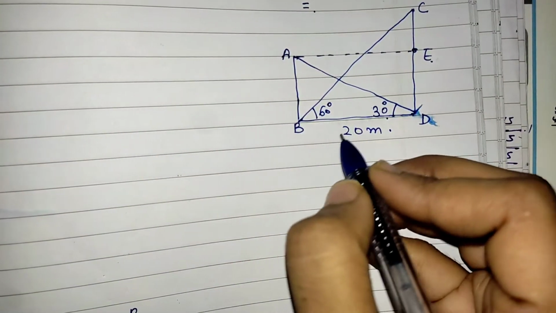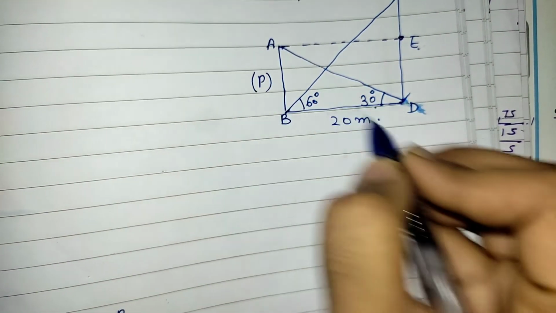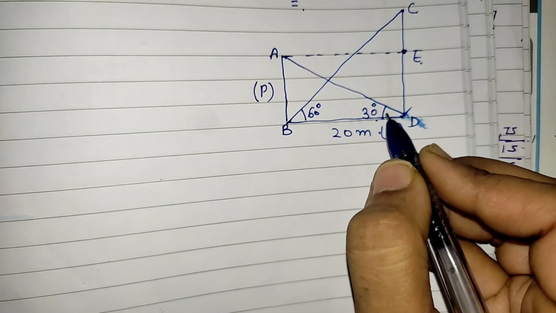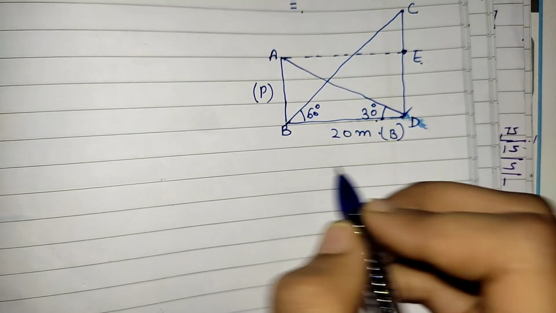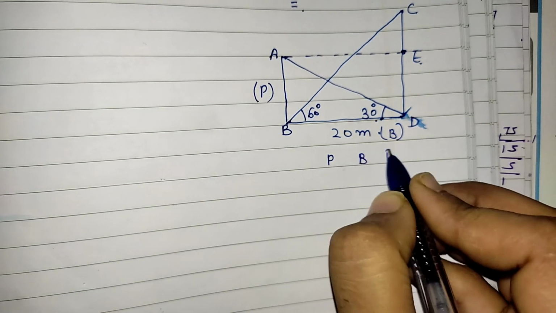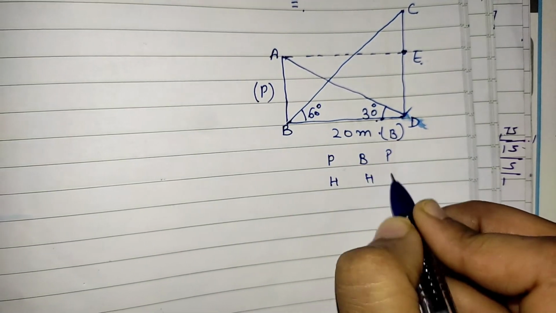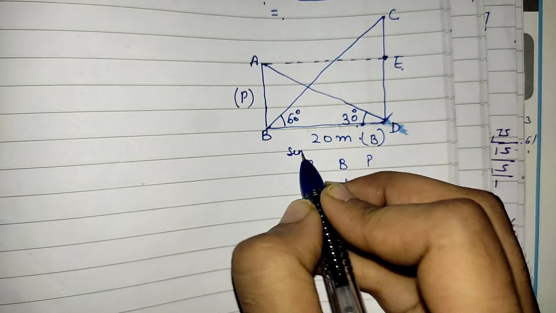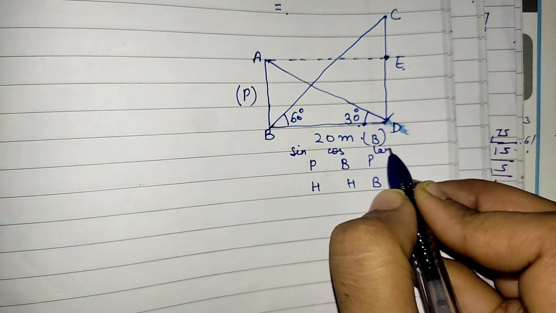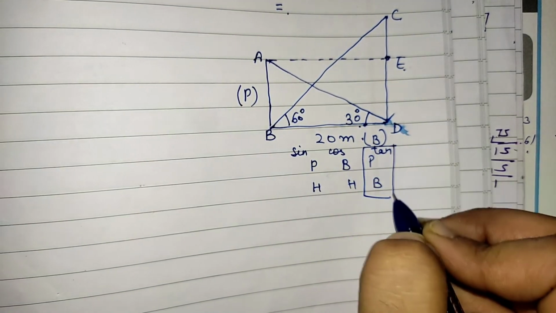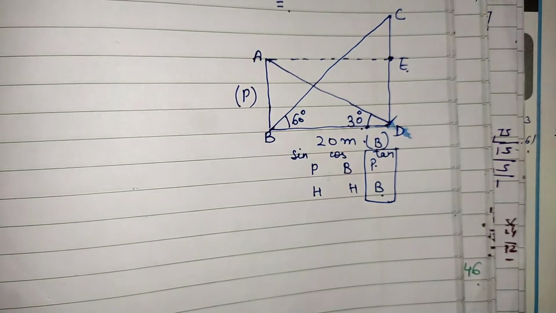Right. So I have to find out the value of the perpendicular. The base is given to us and the angle is given to us. So which trigonometric ratio can I use here? Very easy question. I can use tangent, because I have to find the perpendicular and the base is given.